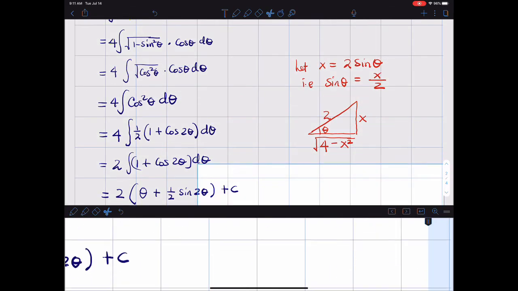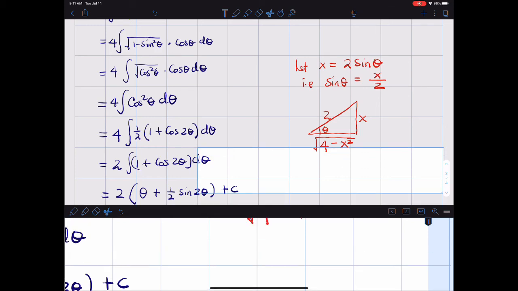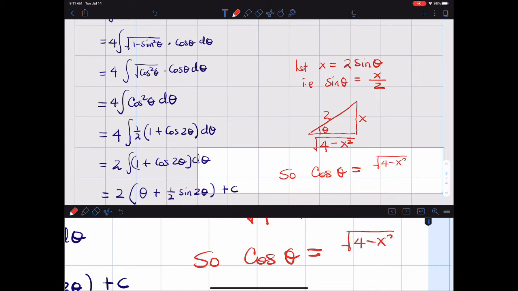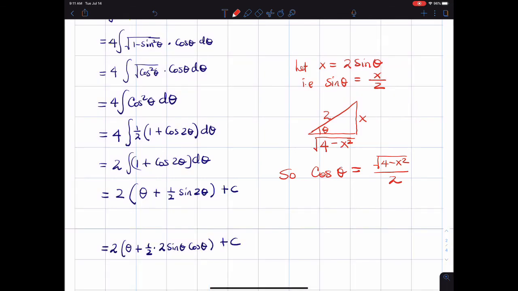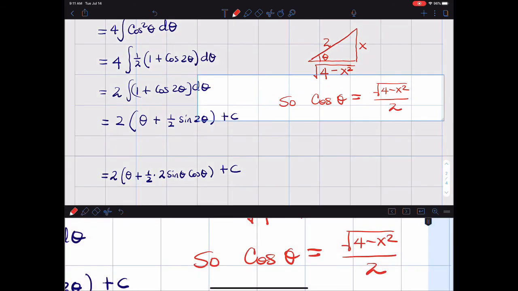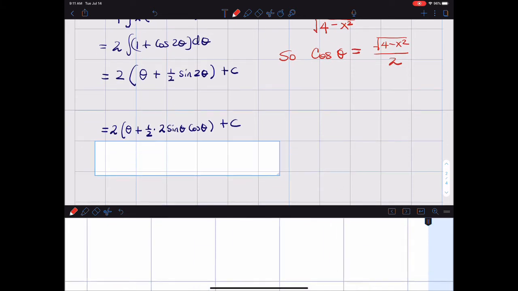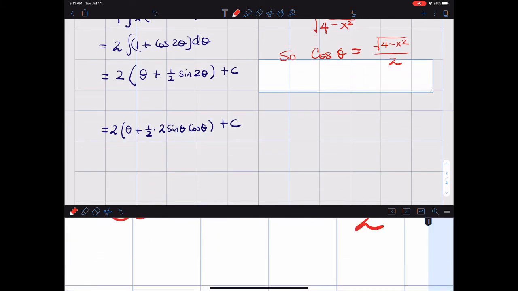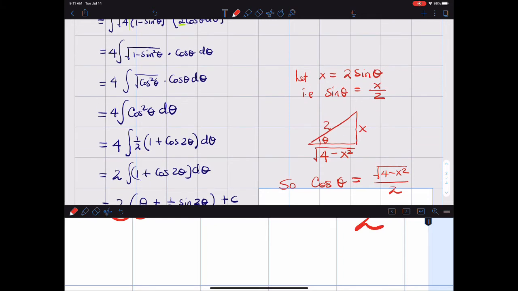So cosine of theta is adjacent, square root of 4 minus x squared, over hypotenuse 2. And also we need to look for theta.